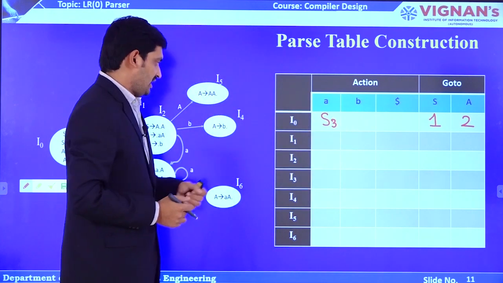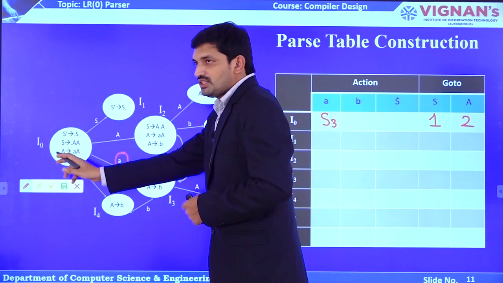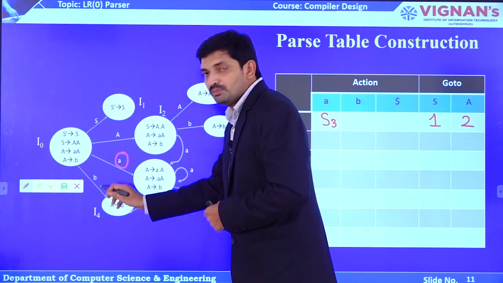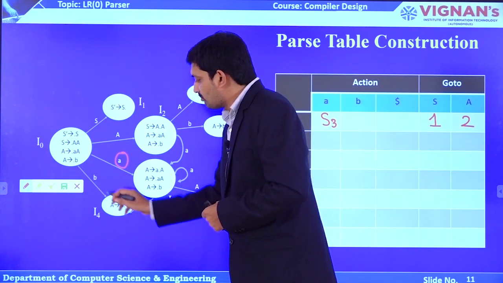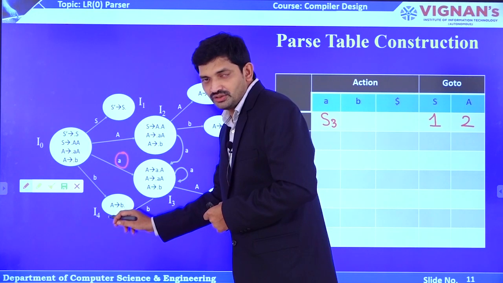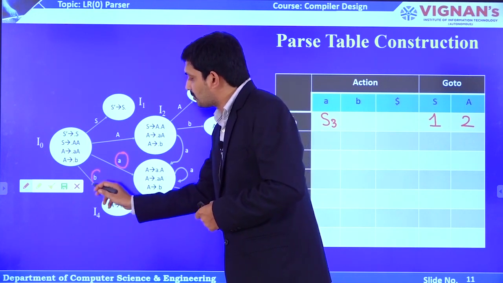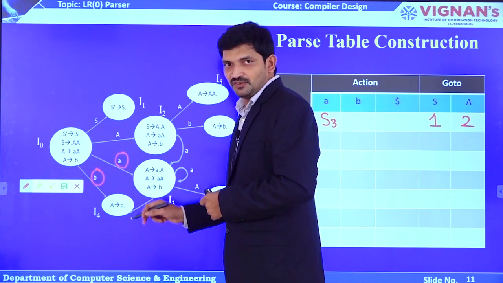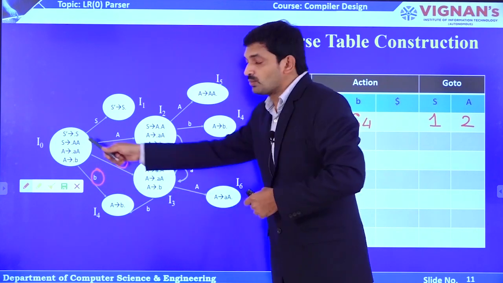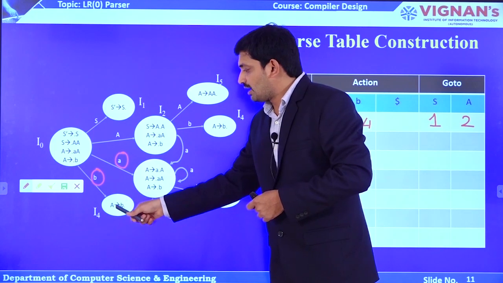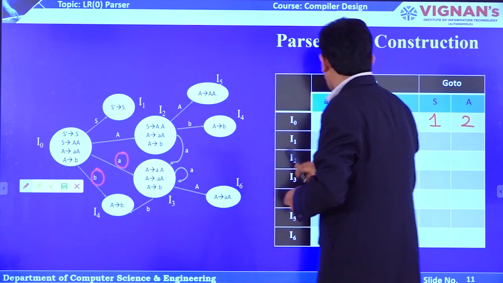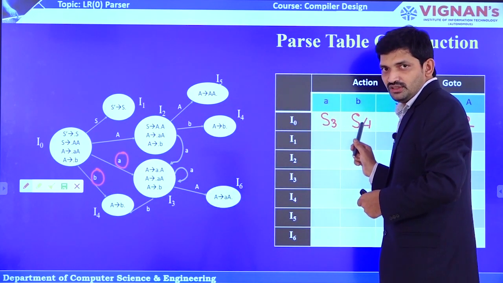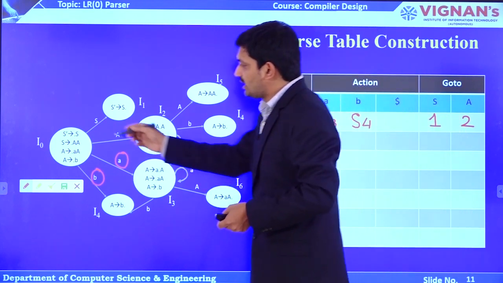Is it clear? Next, from this I naught state, on small b, it's a terminal, so I move to the I4 state. Again, the operation is performed depending upon a terminal, which indicates the shift operation. So from I naught on small b, I move to I4 state, so I have to write S4 here. Okay. Now I naught is over.